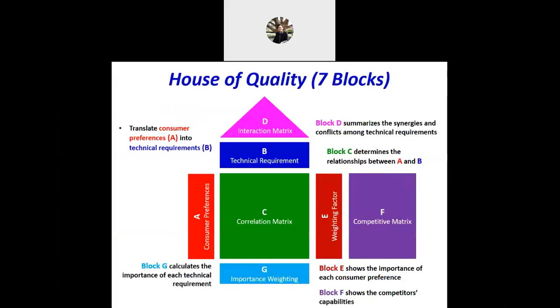You have to construct this house of quality for the product that you already chose, and then report it on one A4 paper as with the other assignment. So please, after this, go to the e-learning, and then you can download the assignment. Any questions about the introduction to product design?